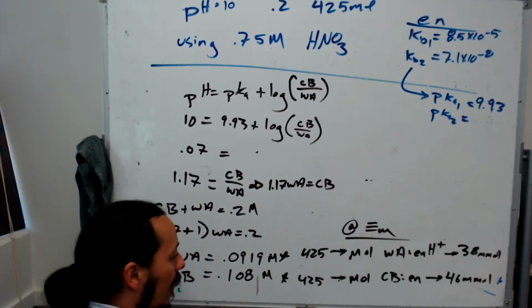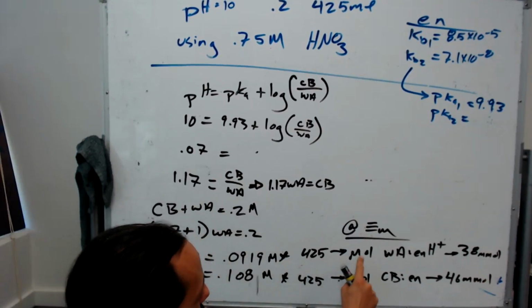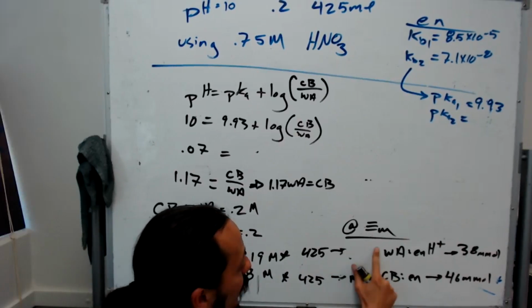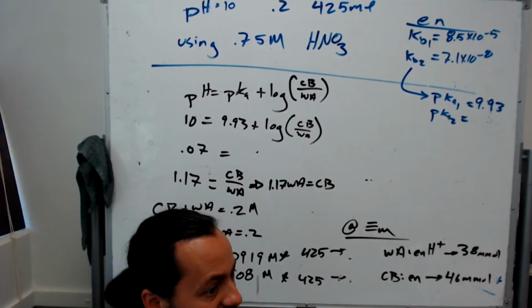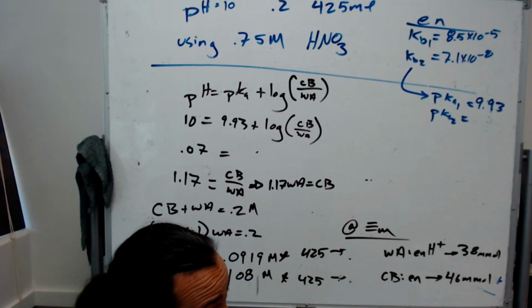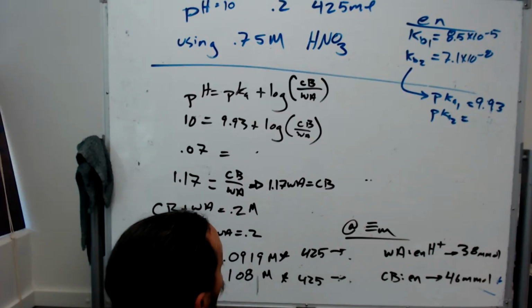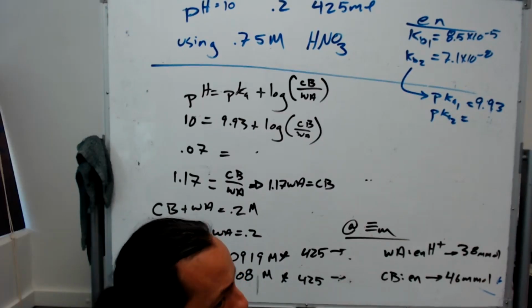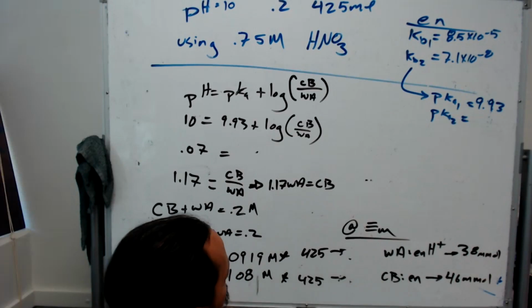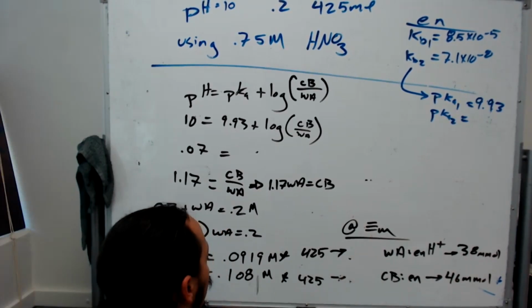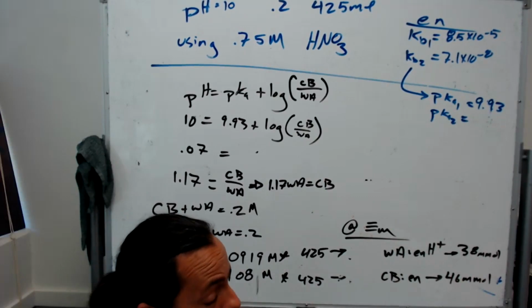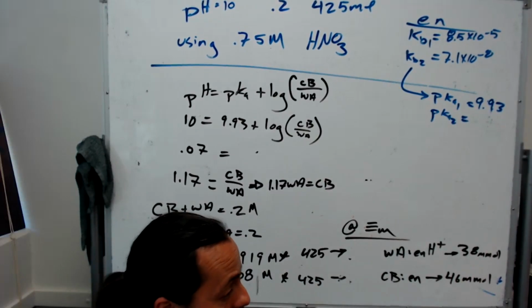So the thing that I need is I need the moles here, right? Because we want to get to part C. Notice this is all just the buffers lab. So I need the moles because we want to go into part C. 0.909, I don't remember those numbers. 0.909, sorry, 0.0919 times 425.